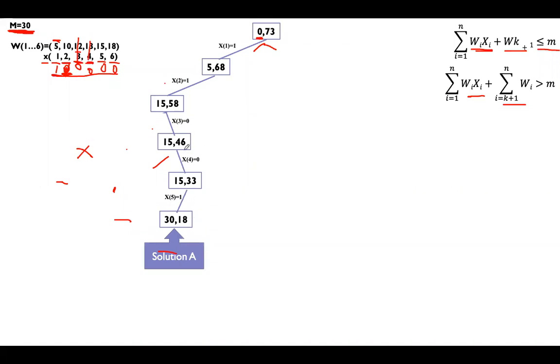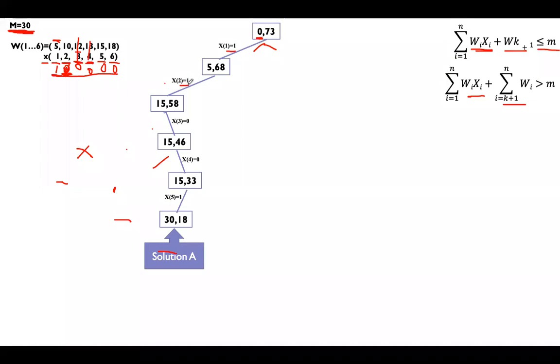Okay, one subset we have found in our given set, such that its total is 30. Which are the elements that are present in the subset? You can see this tree path. x1 is 1, x2 is 1.